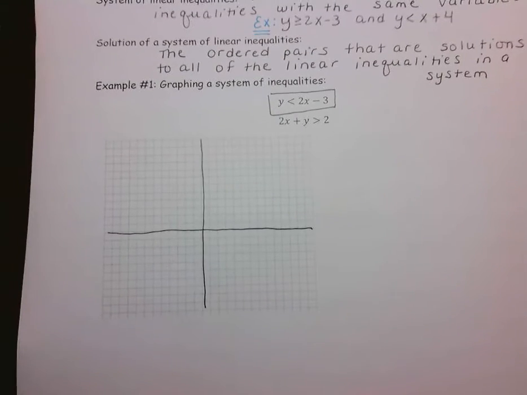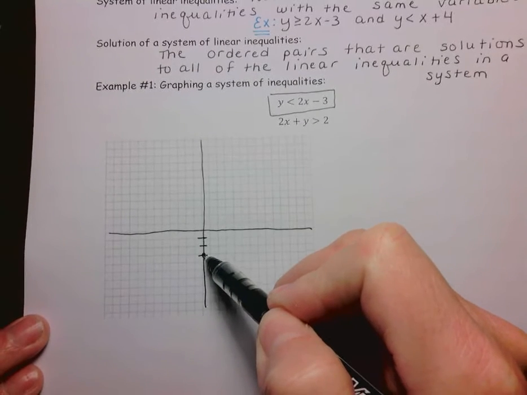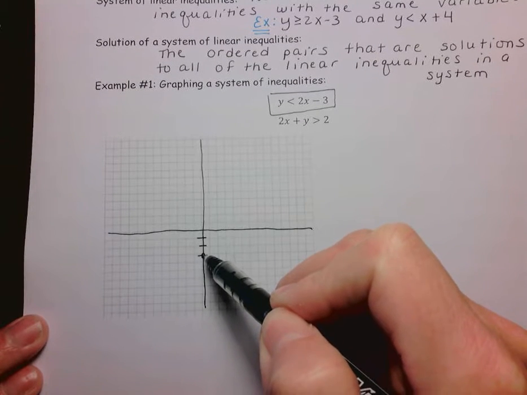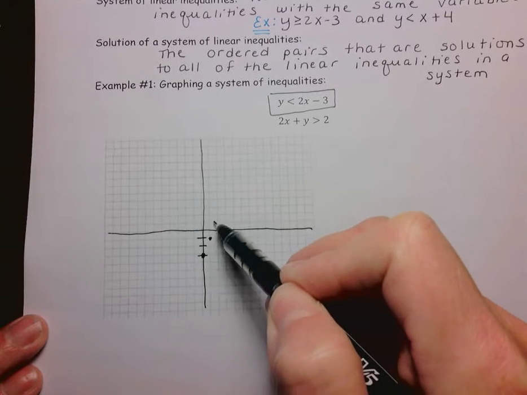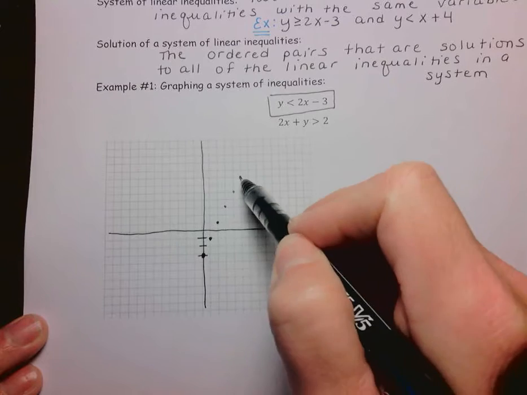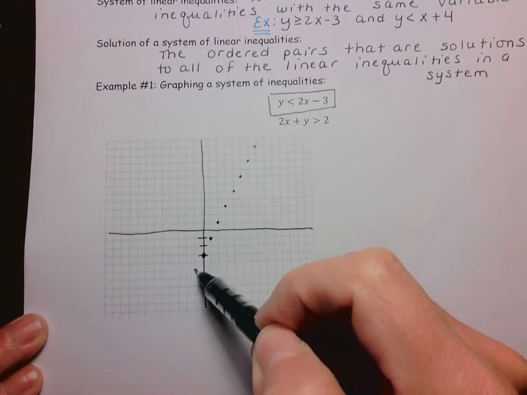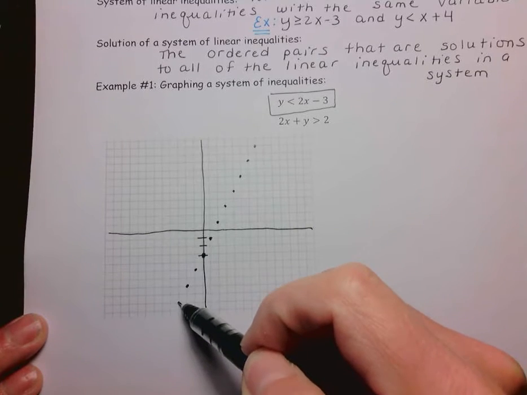My y-intercept is at -3, and my slope is 2 over 1. So I'm going to go up 2 over 1, up 2 over 1. I'm also going to go down 2 over 1, down 2 over 1.